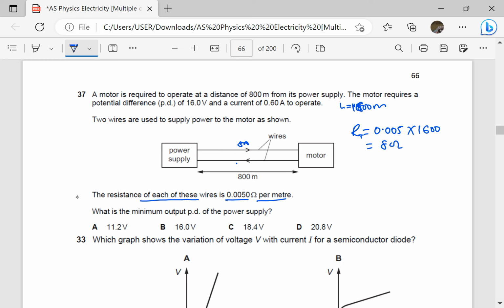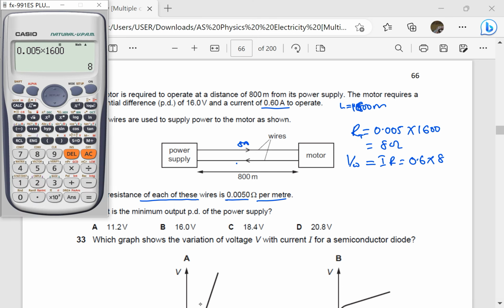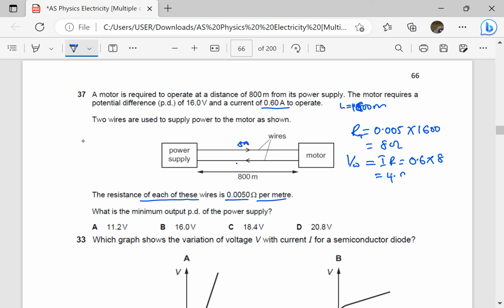Okay, then the total PD across the wires is going to be given by Ohm's law, I times R. The current is given as 0.6, so it is 0.6 times 8. I think 0.6 times 8 is 4.8. So PD across the wires is 4.8. That is the total PD across the wires.